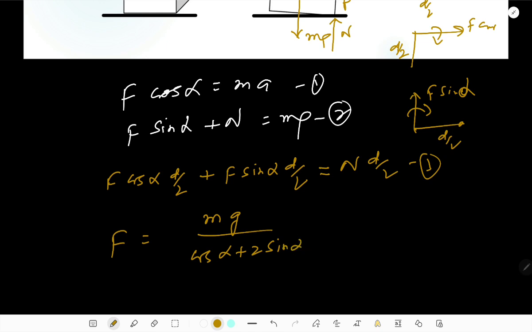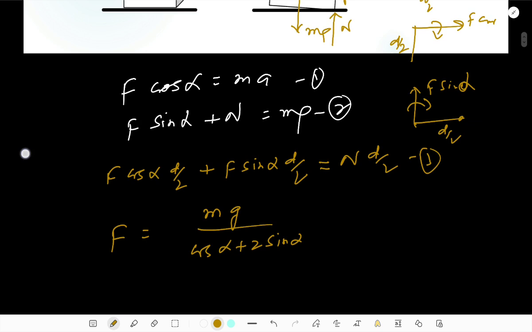And you have to find out the minimum value of this F, the least value of F. So the expression is given, and its smallest value belongs to the maximum of the denominator. It can be done by trigonometric transformation or perhaps by differential calculus.